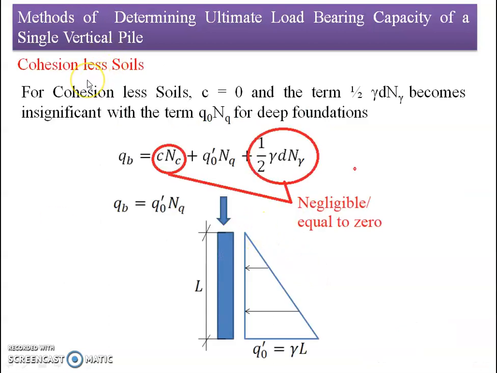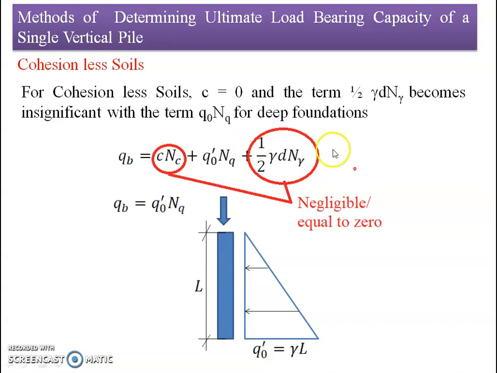Now, if we extend this theory towards the cohesionless soil, we have generally two categories of soils, cohesionless soil and cohesive soils. For cohesionless soil, the shear strength is negligible. That's why we can say C is equal to 0. And the term half of gamma into D into N gamma becomes insignificant in case of a deep foundation, as Vesic has suggested.